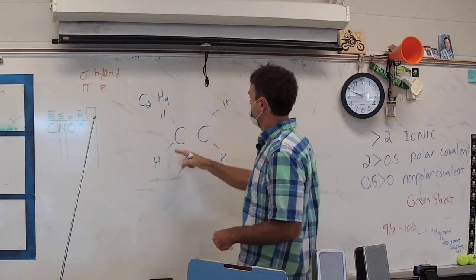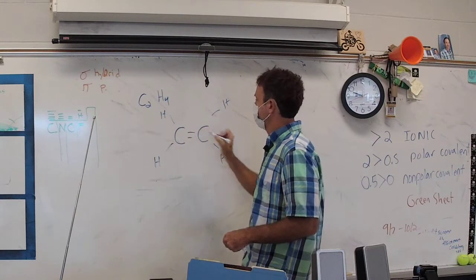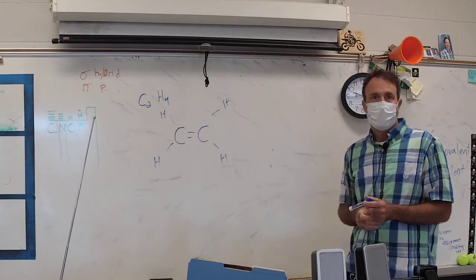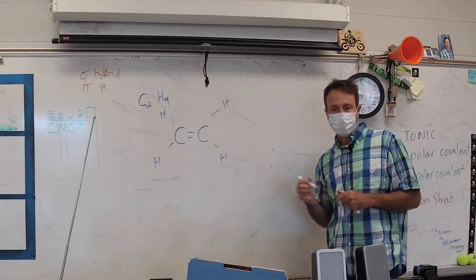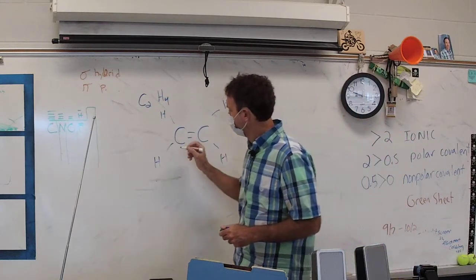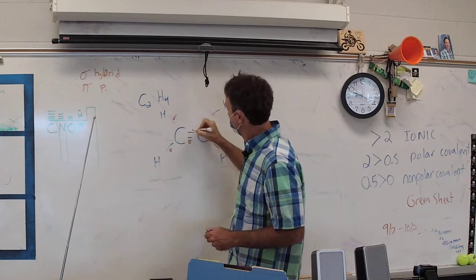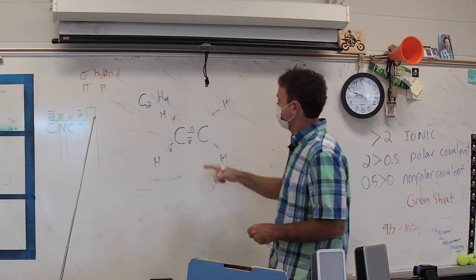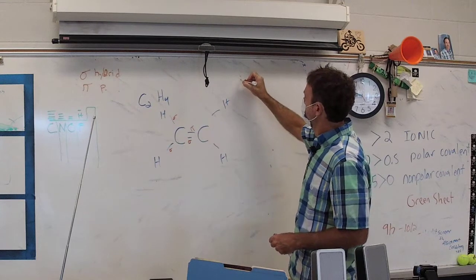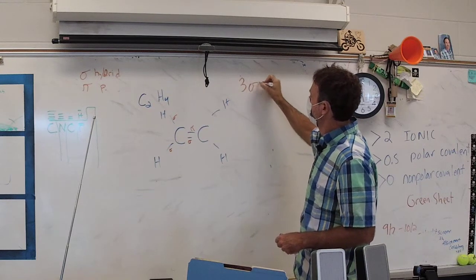Each carbon has 2, so we're going to need a double bond right there. Let's label these bonds really quickly: sigma, sigma, sigma, pi. So there are 3 sigma bonds.